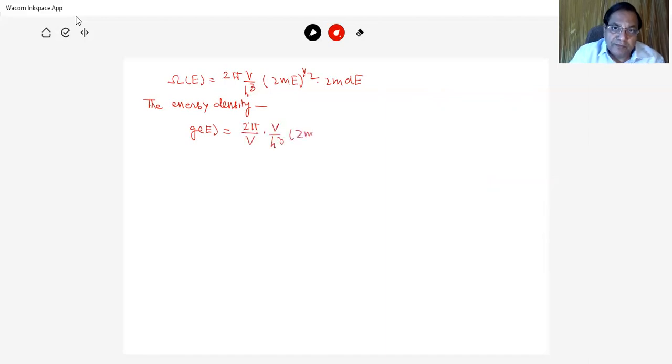This is (2m)^(3/2) under root E into dE.